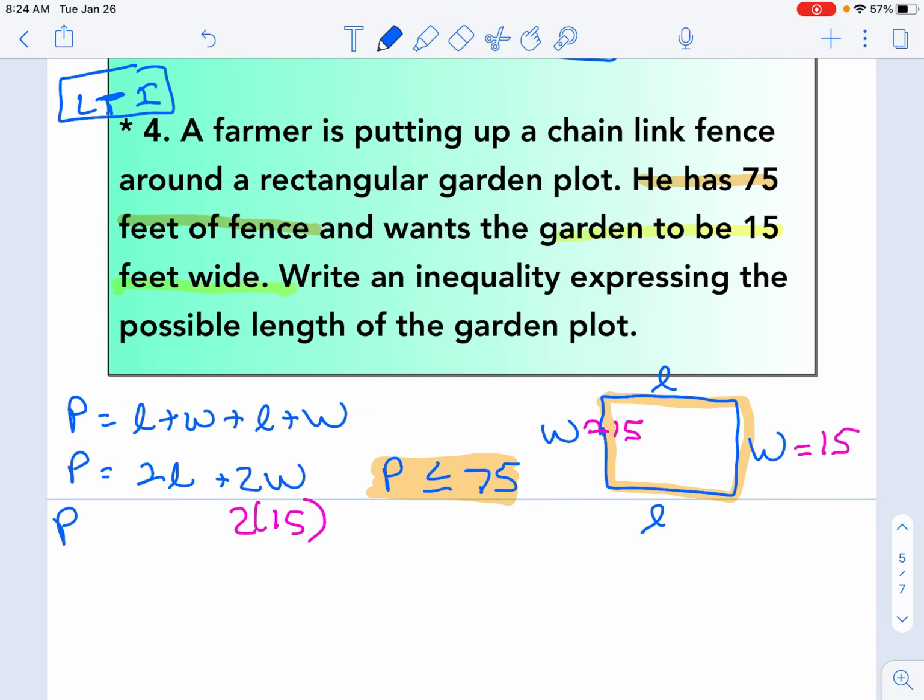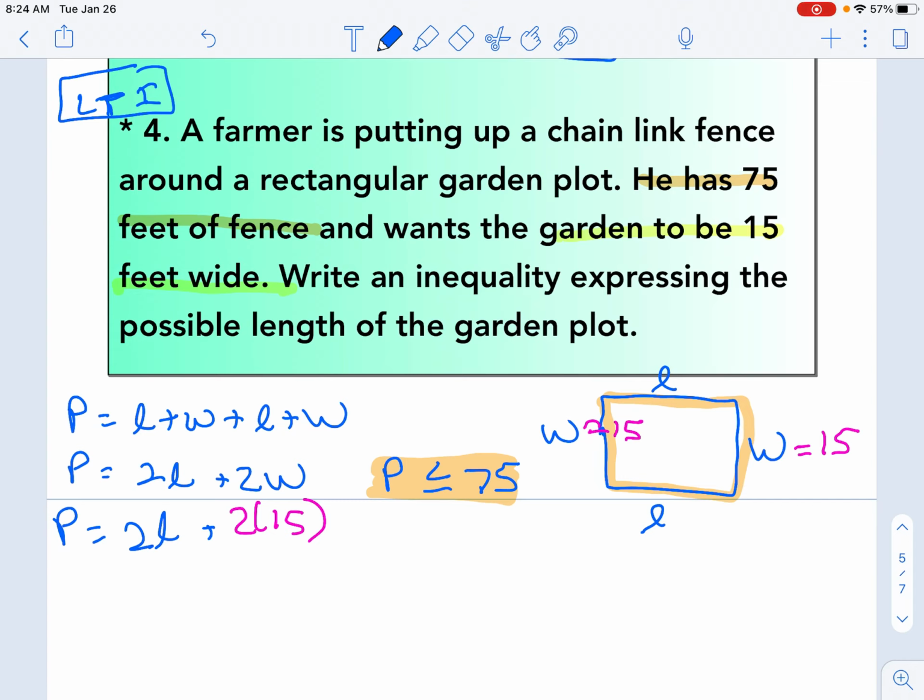So now I know that my perimeter is equal to 2 times my length plus 30. So I also know that my perimeter has to be less than or equal to 75, because that's the most fence that he has.